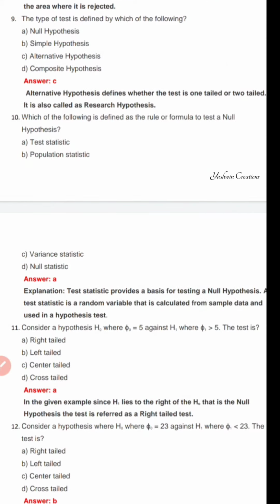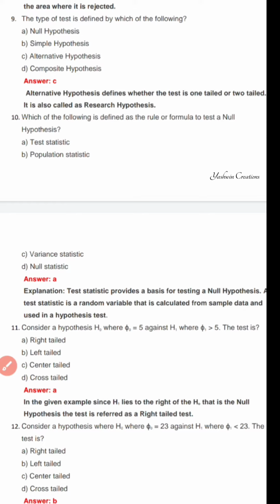Next, which of the following is defined as the rule or formula to test a null hypothesis? The answer is test statistic.